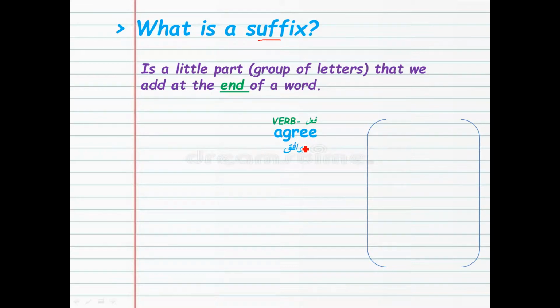Okay, so this is فعل, this is a verb. Agree يوافق. Now if I want to change this verb to a noun, إذا أردت أن أغير هذا الفعل إلى اسم, I have to add the following: agreement.